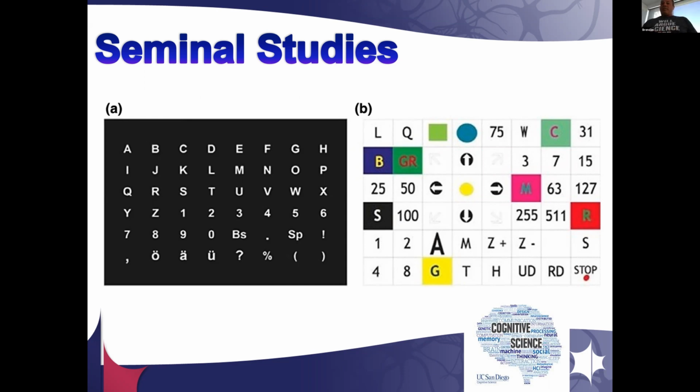In panel B, you see an alternate type of approach. And instead of having letters, what it primarily has are instructions related to painting. So for example, the B and the GR, these reflect blau and grün, which happen to have the same starting letters as they do in English.